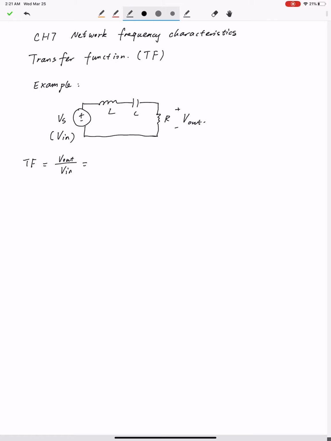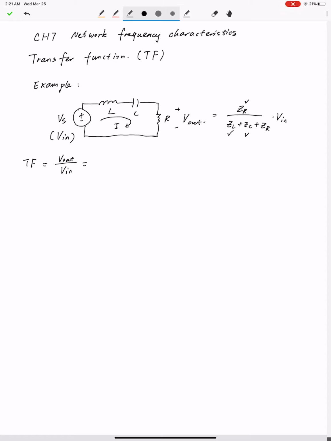Because everything in this loop is connected in series. In other words, Vout equals ZR divided by ZL plus ZC plus ZR, times Vin. And if we know ZR, ZL, and ZC, then we can find the relationship of Vout and Vin.